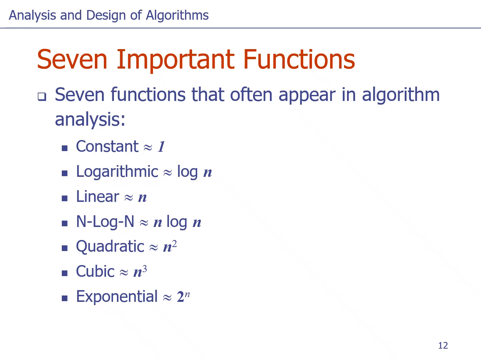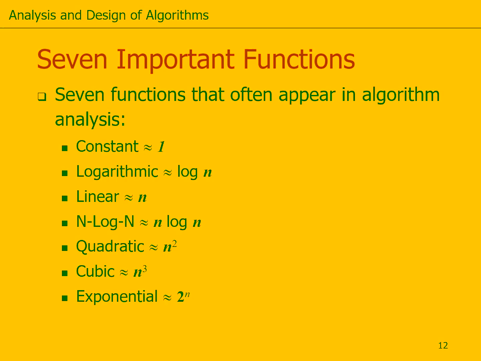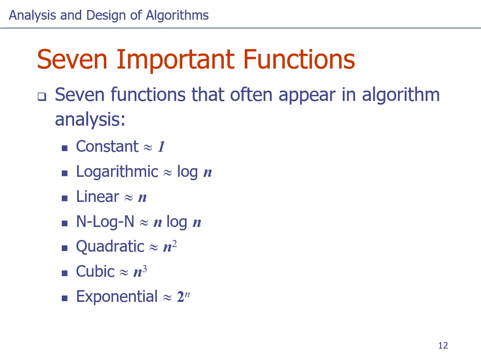When we talk about an algorithm being log n, it doesn't mean it's exactly log n. It could be 100 log n, or 70 log n, or 1 million log n, but it's still log n for us. When we talk about the performance being n, it doesn't mean it's exactly n. It could be 700n.